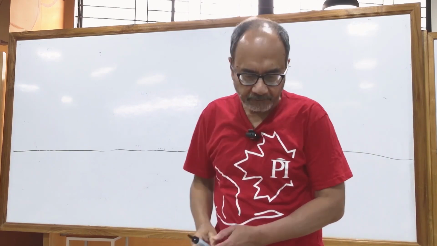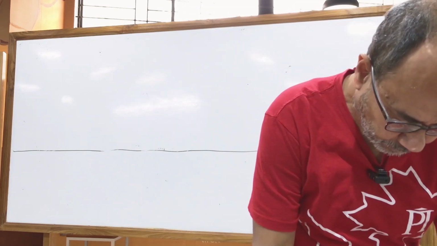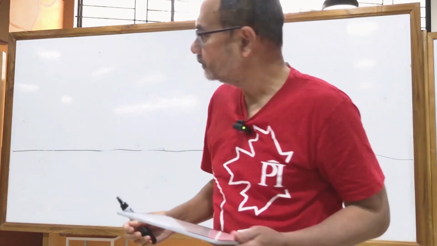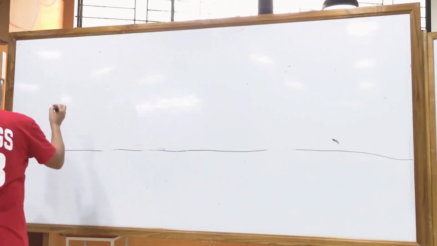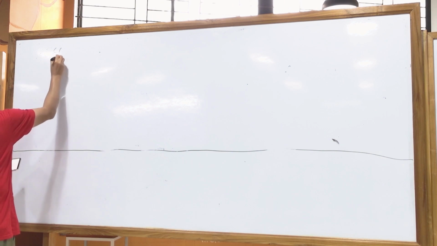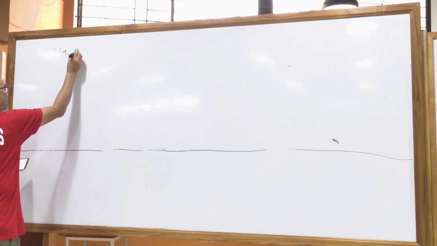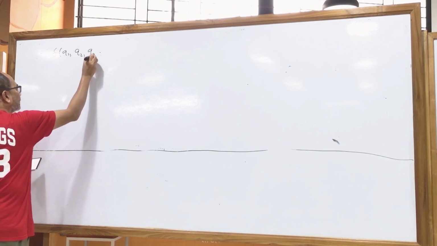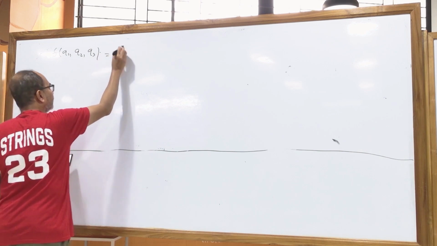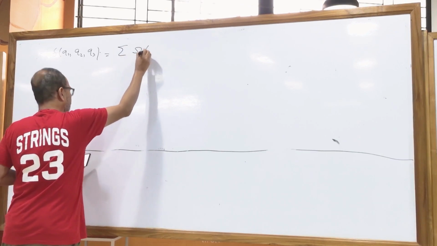So you define the partition function. There are 3 variable charges. So you define a partition function of 3 variables Q1, Q2, Q3 as some omega. Okay.